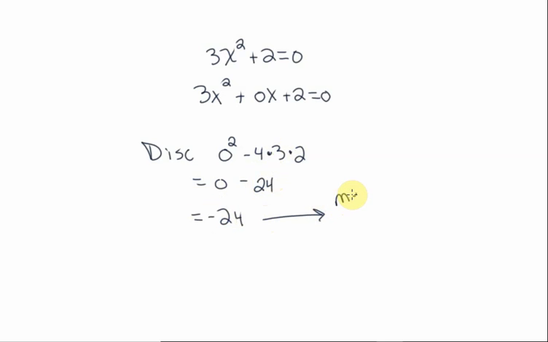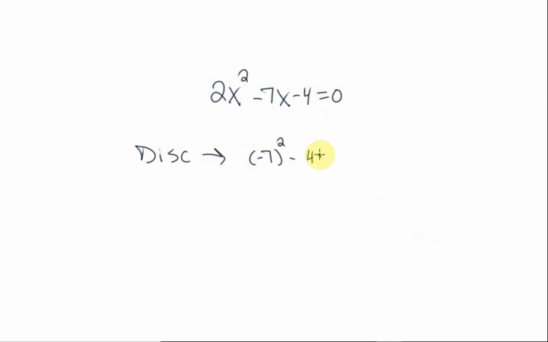What does that mean? Well, that means we will get 2 complex solutions. Okay, so those are the answers that have i in them. Okay. All right, awesome. One more, and then we'll call it a day.